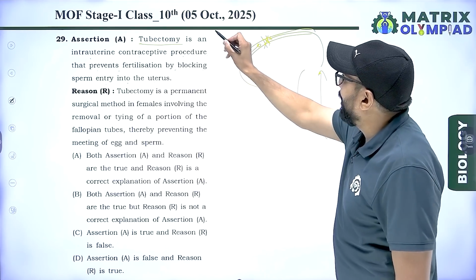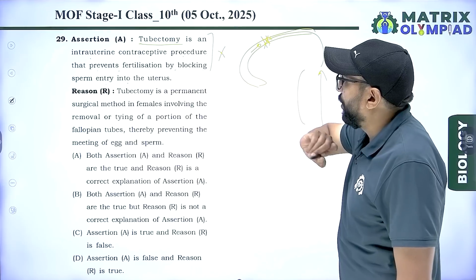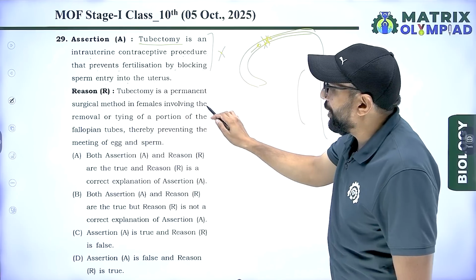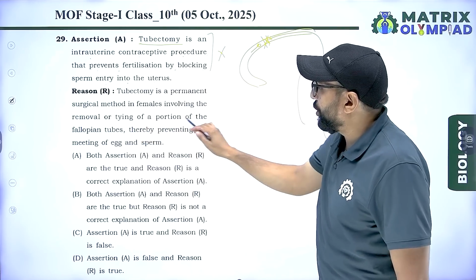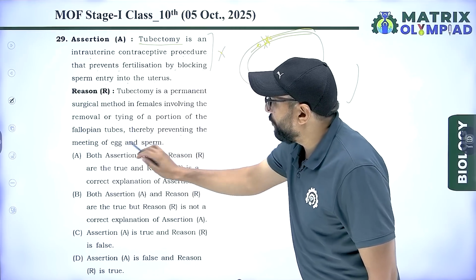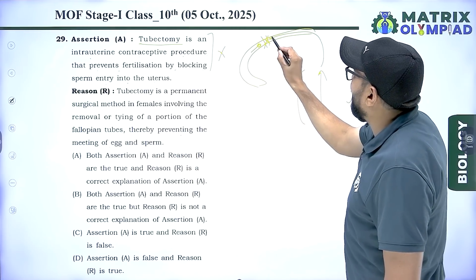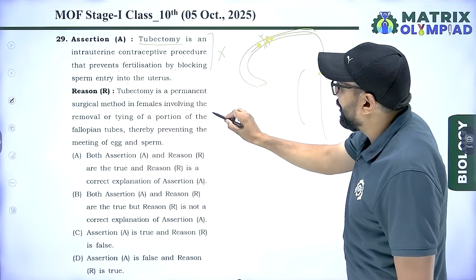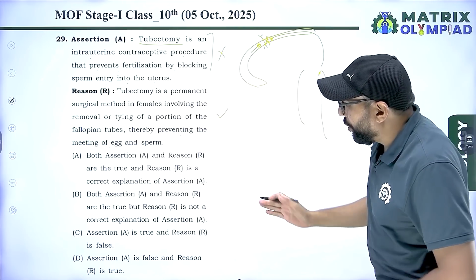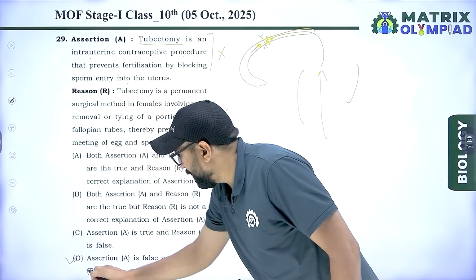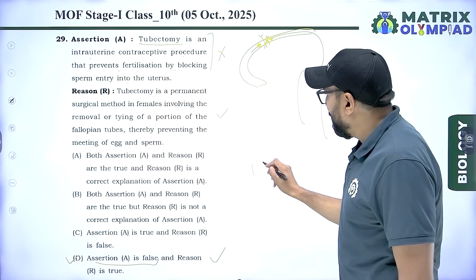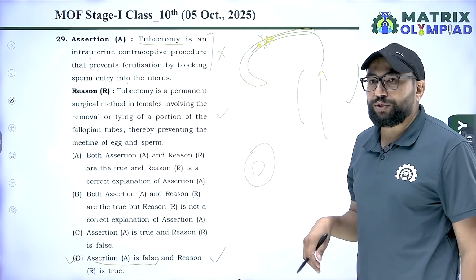So this statement in the assertion is wrong. Reason: Tubectomy is a permanent surgical method in females involving the removal or tying of a portion of the fallopian tube, thereby preventing the meeting of egg and sperm. So this reason is right. Assertion is wrong and reason is right. According to option D, assertion A is false, reason R is true. D is the right answer for this question.